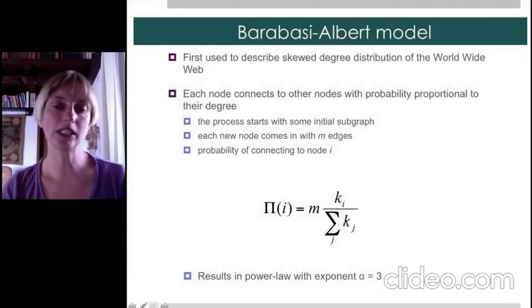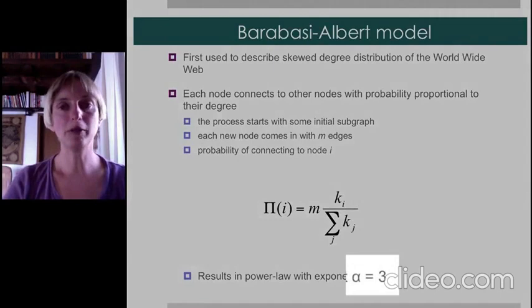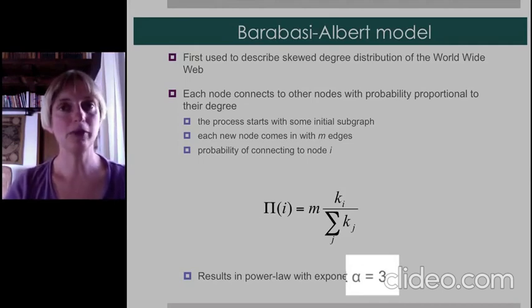And this results in a power law exponent of 3, which is a little bit problematic because the web degree distributions are much closer to 2, and 3 is a relatively steep power law exponent, meaning that the most popular websites would not be as popular as you would see in the real world.